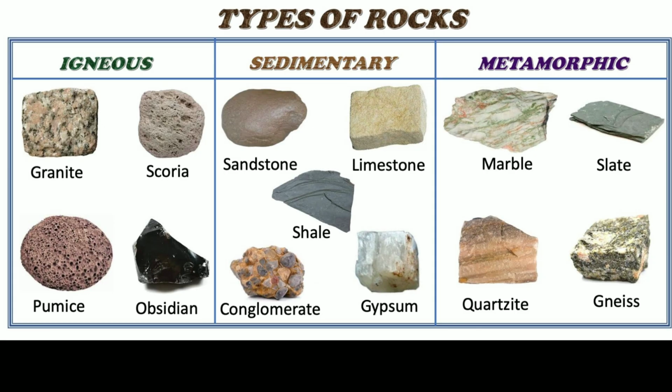In the crust, there are solid inorganic substances, known as rocks. There are 3 types of rocks: igneous rocks, sedimentary rocks and metamorphic rocks. How are igneous rocks formed? They are formed because of the cooling of molten matter of the earth.